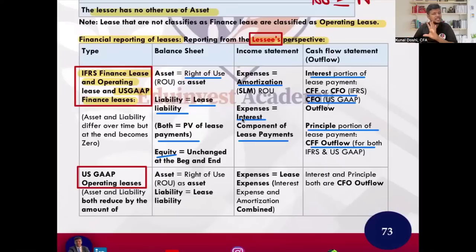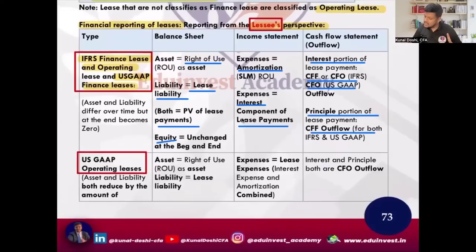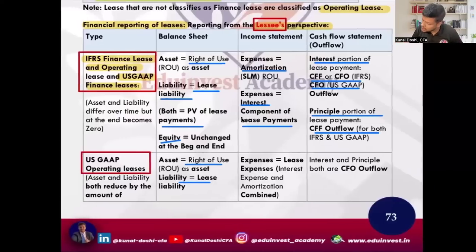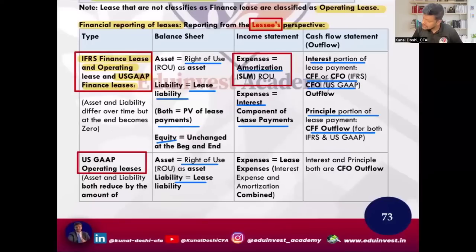Do I have to memorize this? No, just understand this. Under US GAAP operating also, the treatment is the same, just that in the asset and liability, I recognize the same thing. But in IFRS and US GAAP finance lease, the asset is amortized on a straight-line basis. Here, the asset and liability both go down by the principal payment.